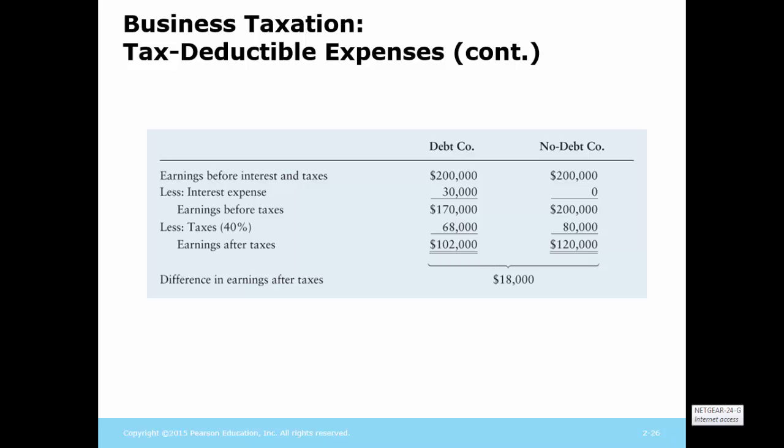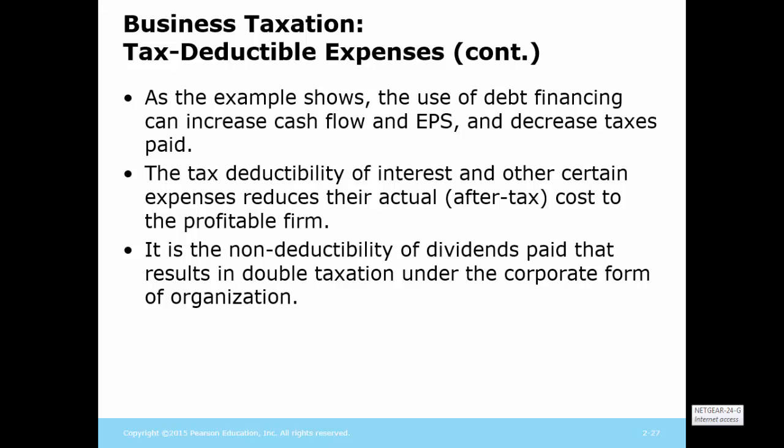So does that sound like something that shareholders ultimately would like to have? And the answer for this is actually it kind of depends. When you use debt, we increase cash flow and earnings per share. So there's more cash that can be distributed to shareholders because we have a decrease in the taxes that we paid.